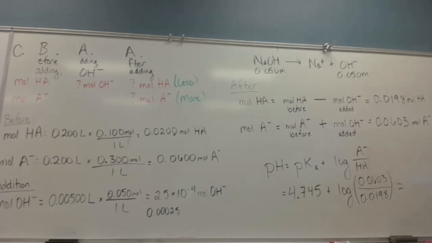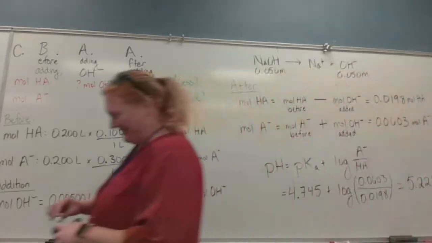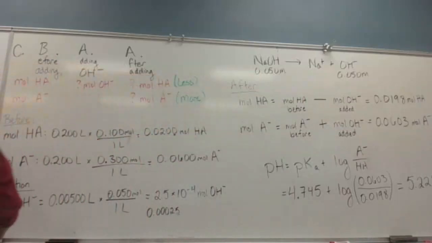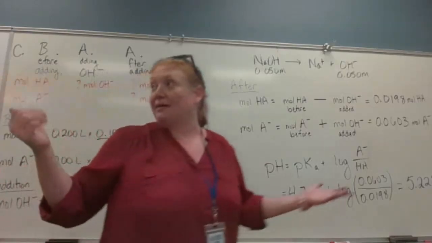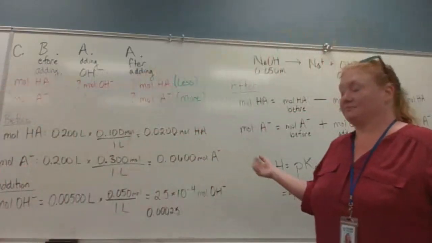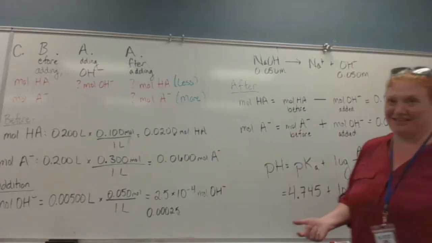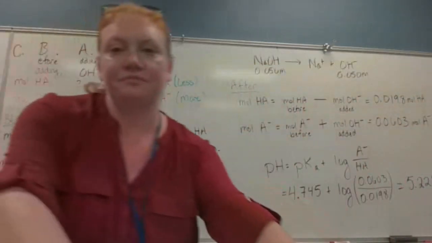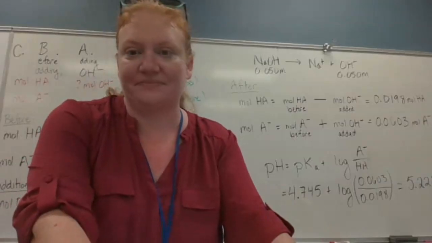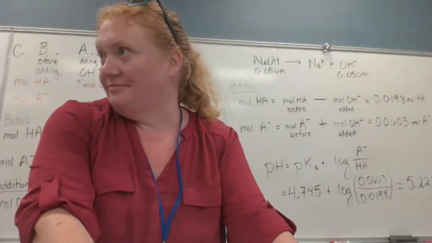Deal, pickle. 5.229. You said $20. 20 cents. I added a base, so the pH goes up. I put the same thing in my calculator and I got 5.2.